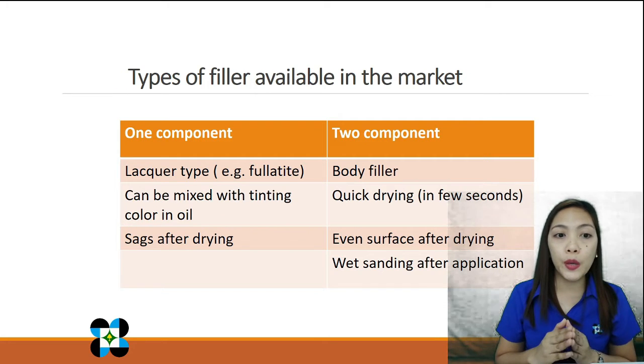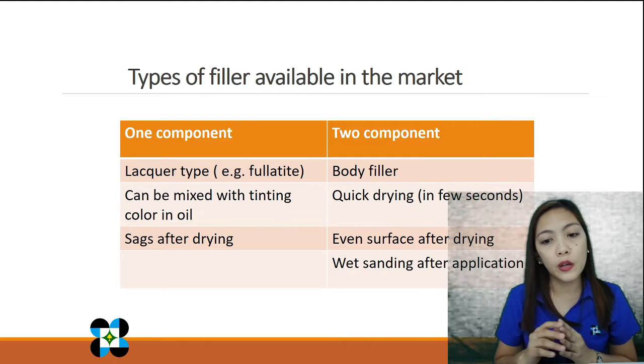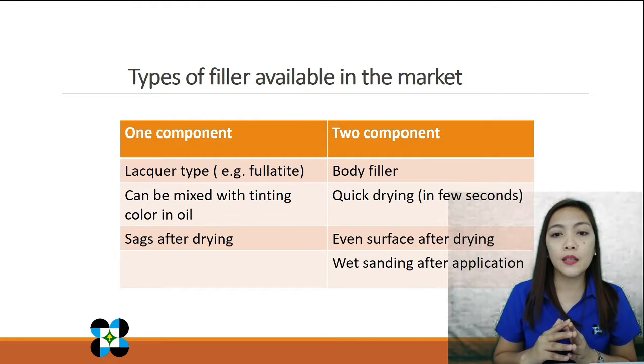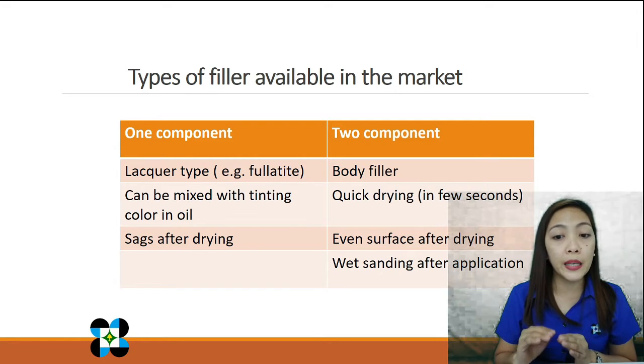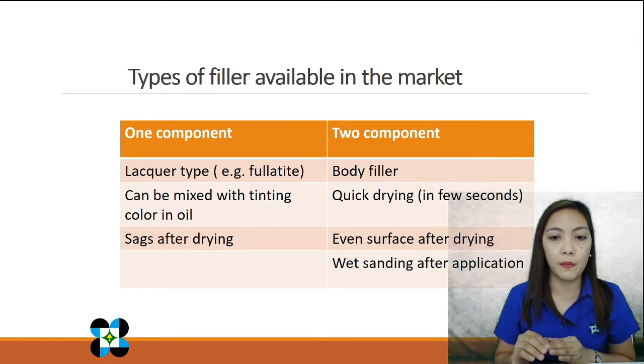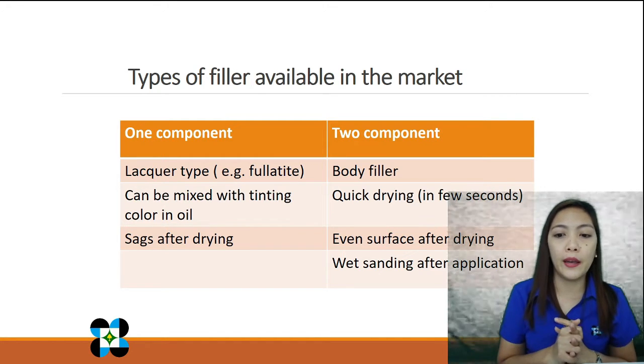However, just recently, we tried mixing it with tinting color. Kasi since mas matibay nga ito at mas mabilis ma-dry, we tried mixing it with the tinting color. So, ang naging effect niya is medyo nagkaroon lang ng delay or mas bahagyang mabagal yung kanyang drying time. But the idea is that pwede din siyang makulayan.